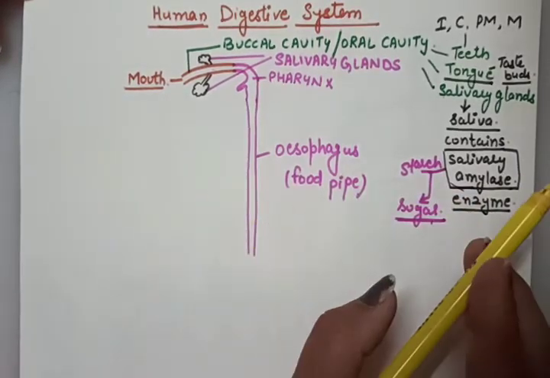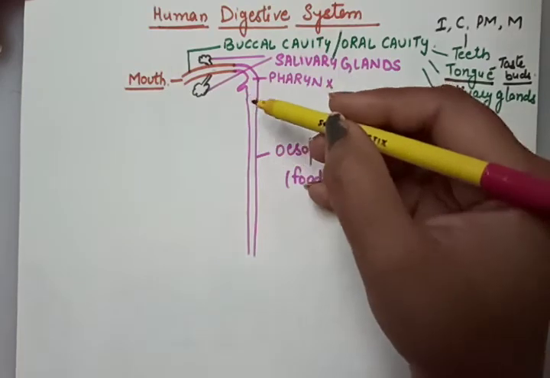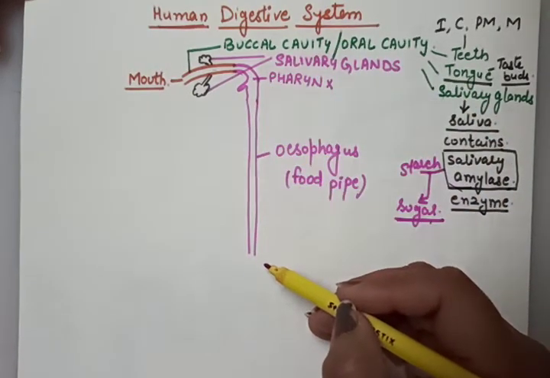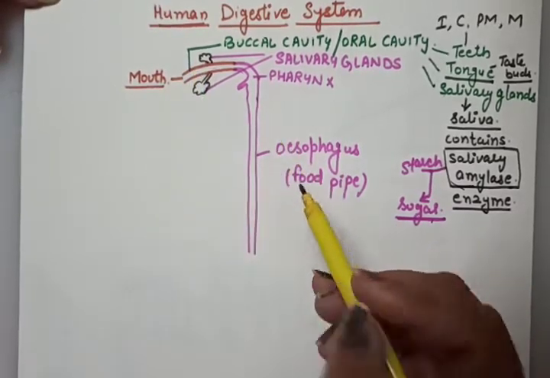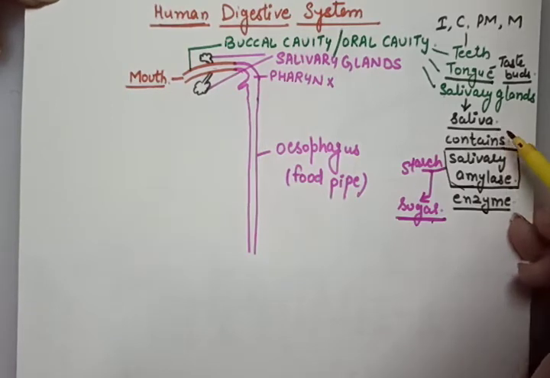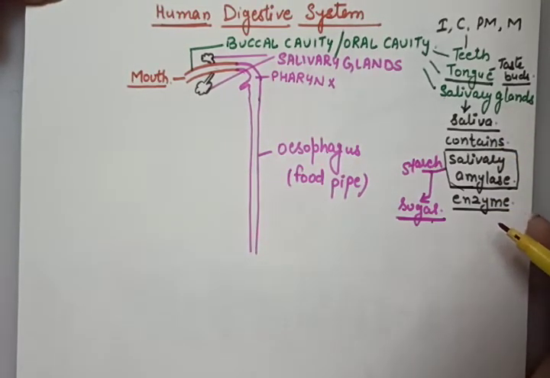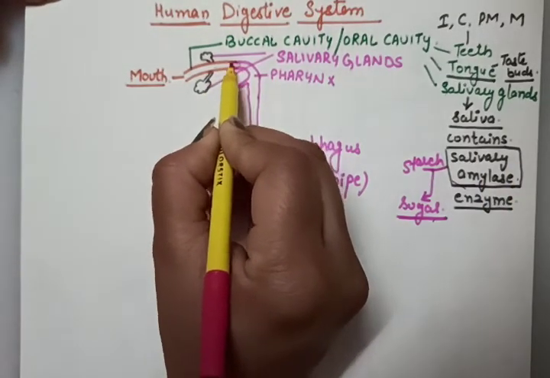Here no digestion of food takes place. Okay, it only helps in sending the food from here to the stomach. Okay, now what happens in esophagus? Think that when the saliva acts on the food, when you masticate the food it becomes like this way. It is the semi-solid type.